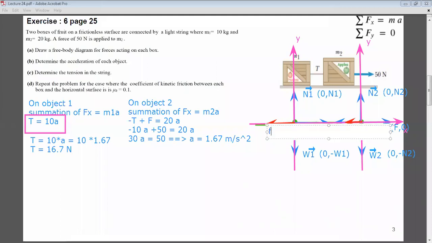So here now there is friction, and this is minus f because it's on the x-axis, but in the opposite direction. And this f over here, similarly, this is minus f, and it has a vector on top of it.